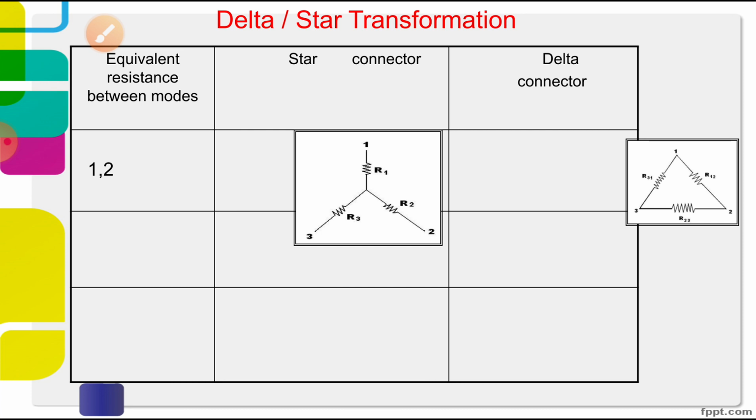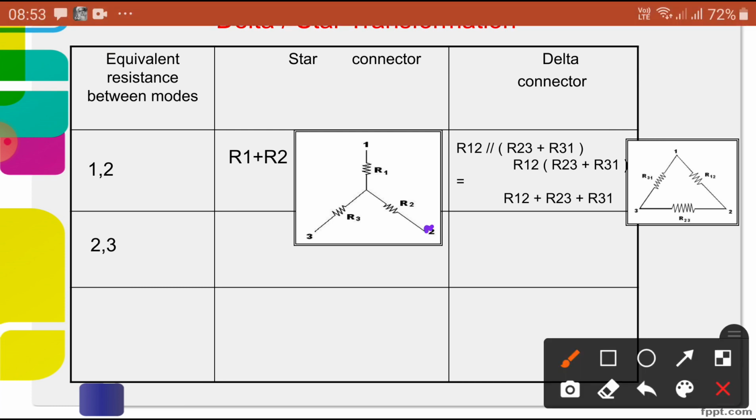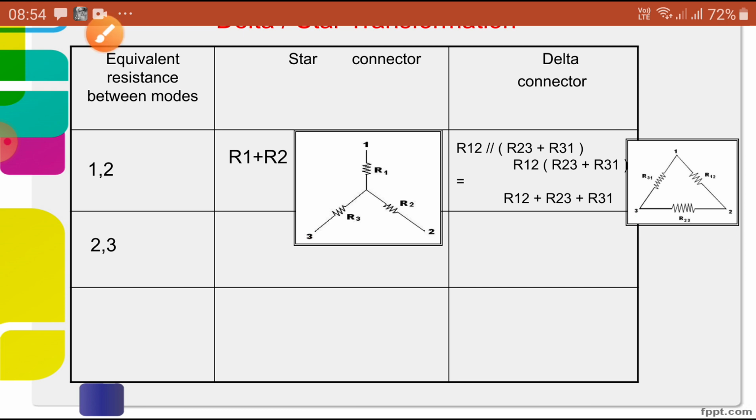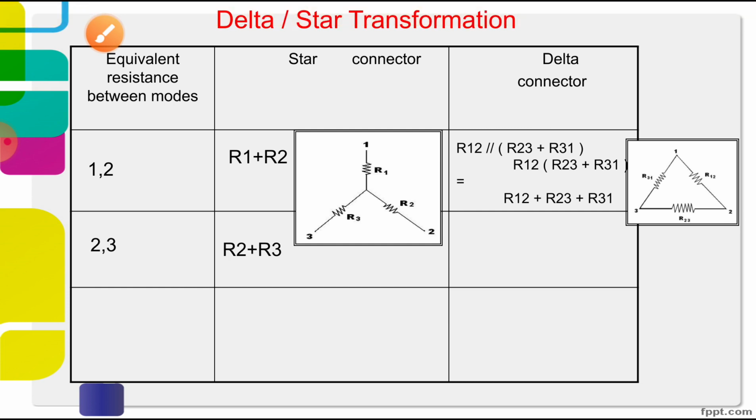We are going to summarize in a table. So what is the table? Here, for 1 and 2, what is the value we have got? Here it is R1 plus R2 in the case of the star, and in this case we are going to get R12 in parallel with R23 and R31 in series. Now across the 2, 3 terminals: R2 plus R3 is simple, connected in series.